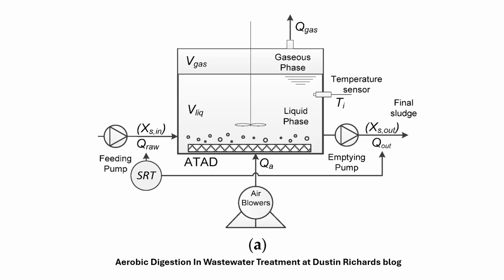We're feeding in sludge from either primary or secondary clarifiers, okay? We've got these air blowers and we're aerating, bubbling air, oxygen, into the sludge. And we've got a mixer, slowly mixing this sludge around, okay?